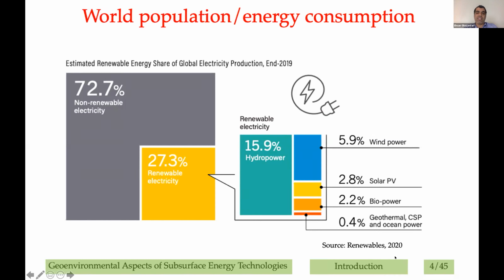But what it tells you is that there is still a lot of gap between the renewable and the fossil fuels in particular. Out of the 27% of renewable, around 16% is the contribution of hydropower, around 6% from wind, 2.8% from solar.